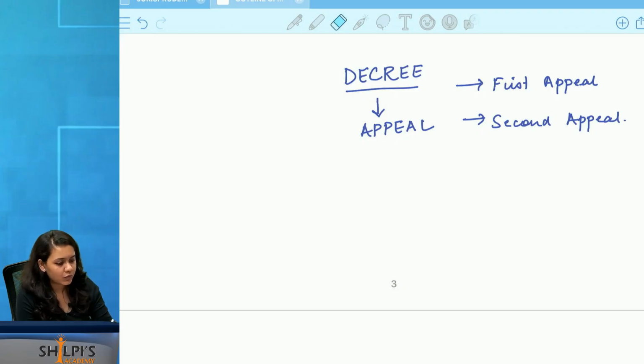Okay. But before we go into this concept of first appeal, second appeal and all of that, there's just something that you all are required to know.